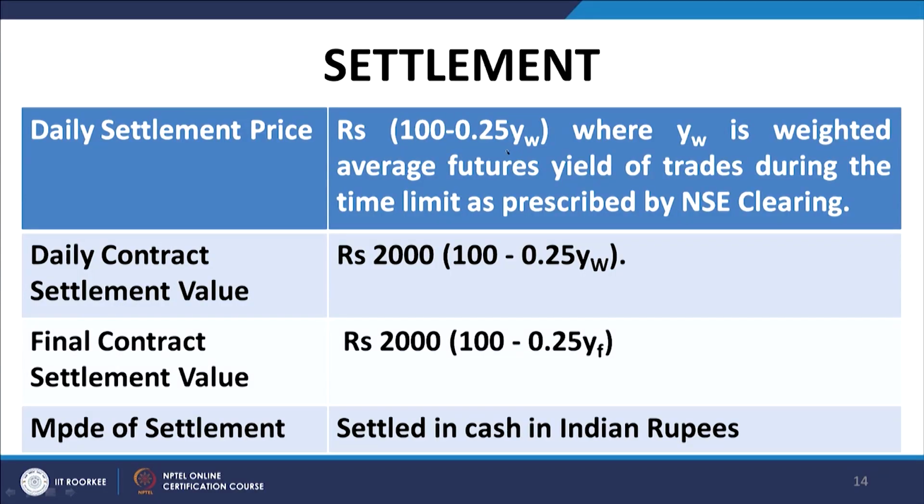If 5 trades do not take place in the last half hour, we take the 1 hour interval and take the average over 1 hour, provided at least 5 trades are there. If that also does not happen, we take an average over the last 2 hours of trading, provided that 5 trades are available for working out the average, and the average is volume weighted. So, this YW is the volume weighted average of the trades occurring in the last half hour, subject to a minimum of 5 trades, otherwise the time interval goes on increasing.